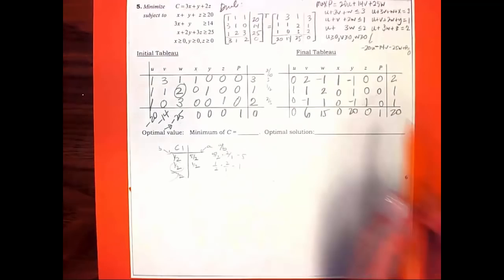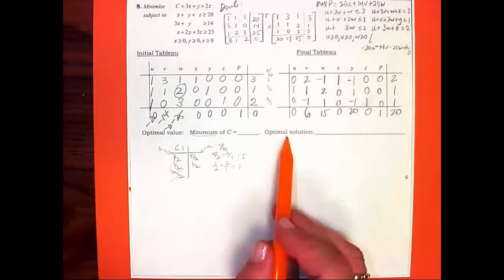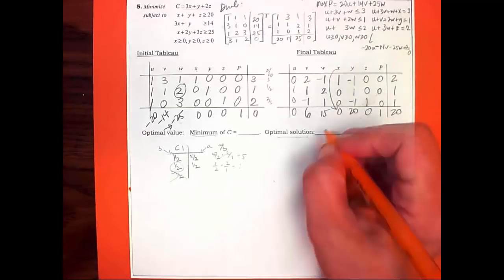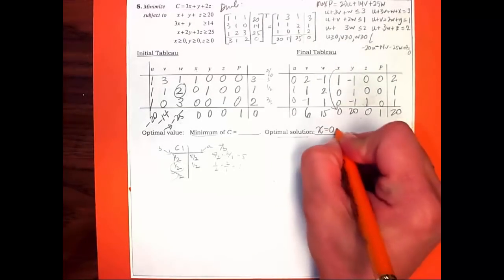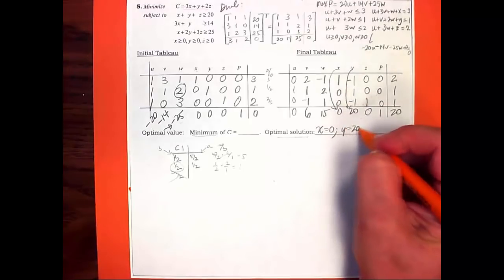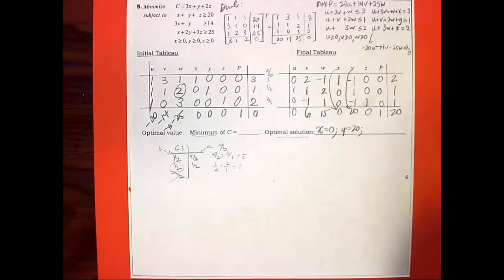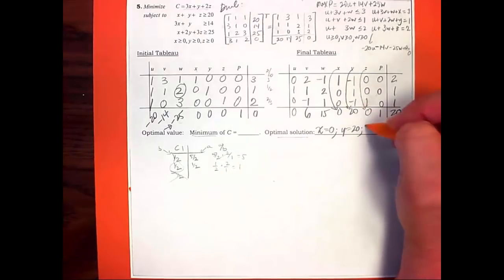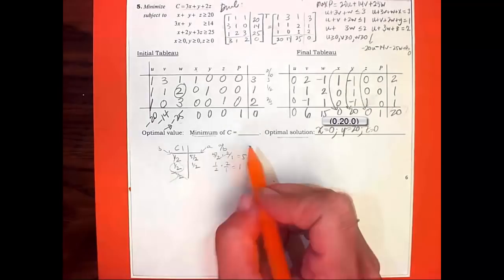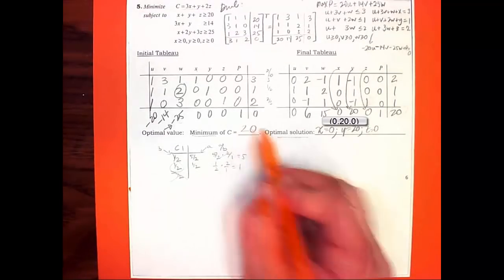So remember, this is the dual solution, so we can read down to get the primal solution, which is what it's asking us for here. So we've got x is equal to 0. We've got y is equal to 20. And we've got z is equal to 0. And it looks like our optimal value of minimum of c is 20.